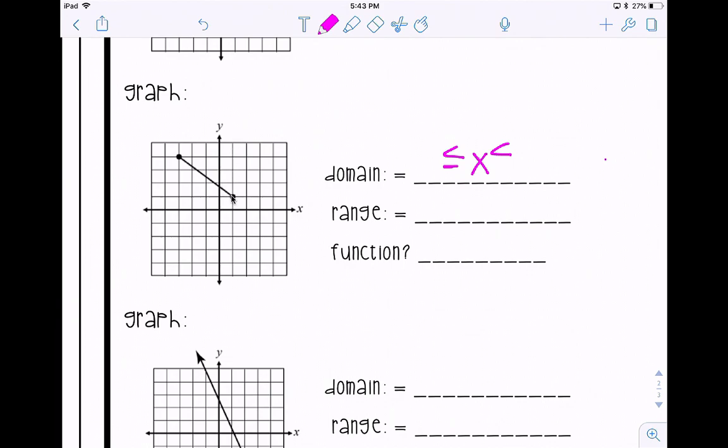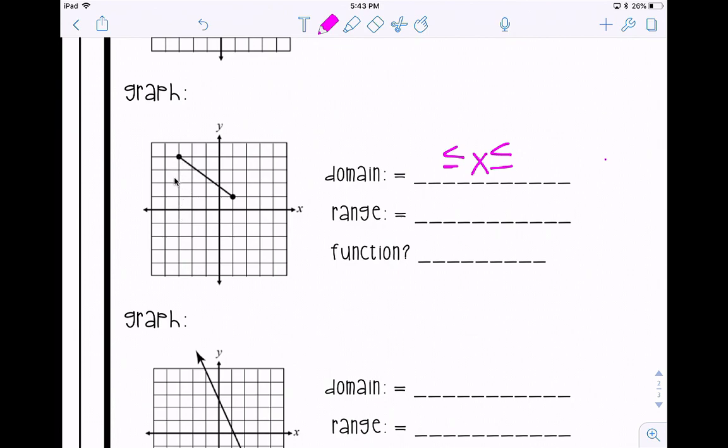The one on the right side is also filled in, so this one is going to be equal to as well. And now I need to know what is the lowest domain, what is the highest domain. So again, domain is left to right. So on my x, I'm going to go all the way to the left of this graph. While the graph keeps going, the actual line does not. It stops right here.